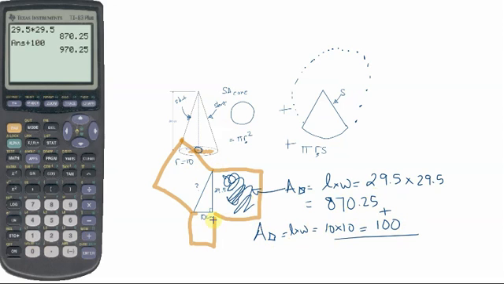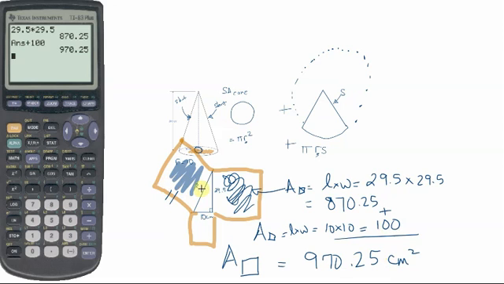That tells us the area of this big old square here is going to be 970.25 centimeters squared. That's the whole space this takes up.